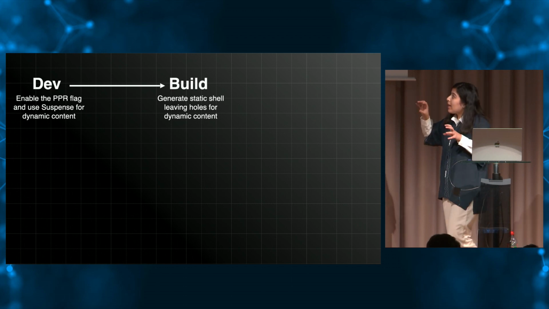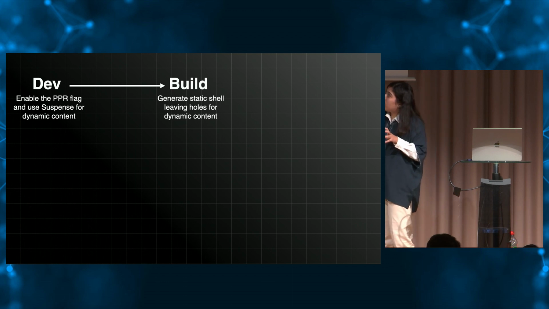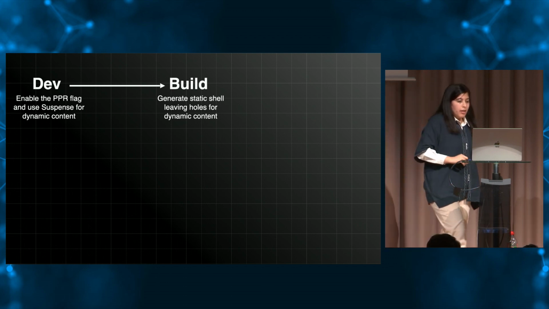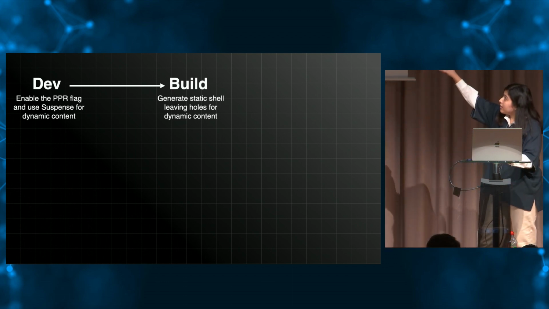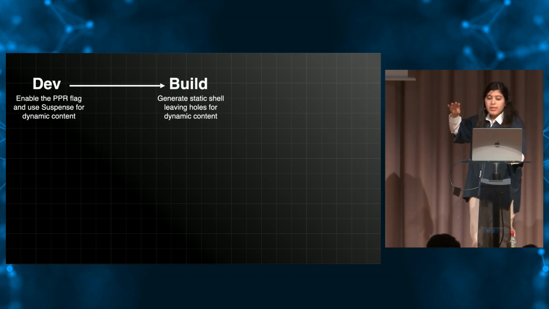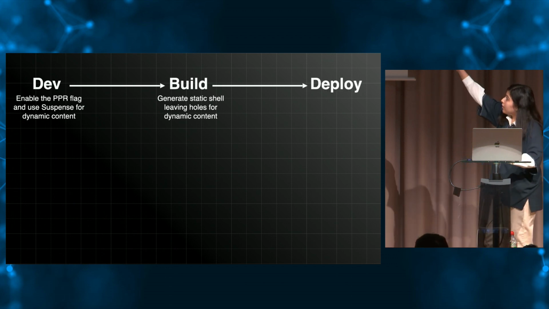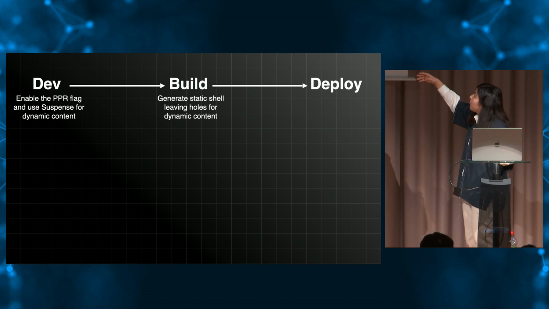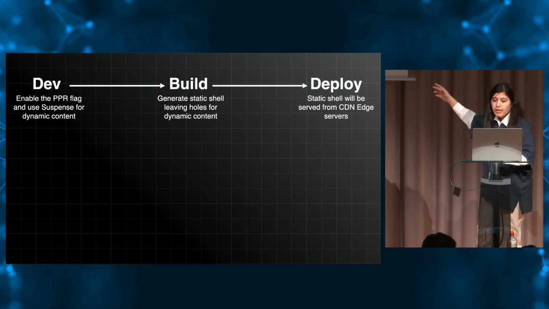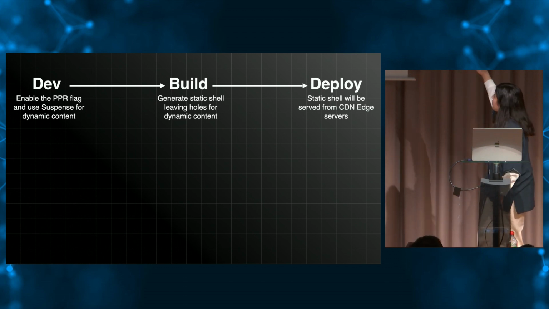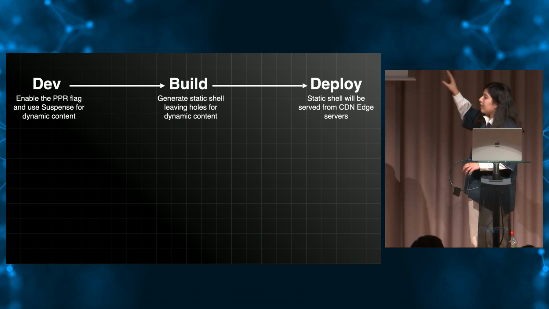These holes will be the fallback of your Suspense boundaries. And this static shell generated at build time will be served from an edge network. So in the deployment phase, all the generated pages will be saved in the CDN or edge network, and they will be served directly.